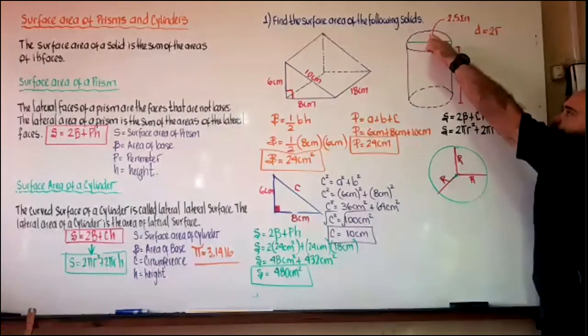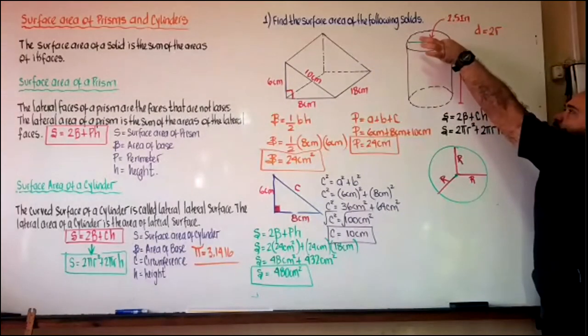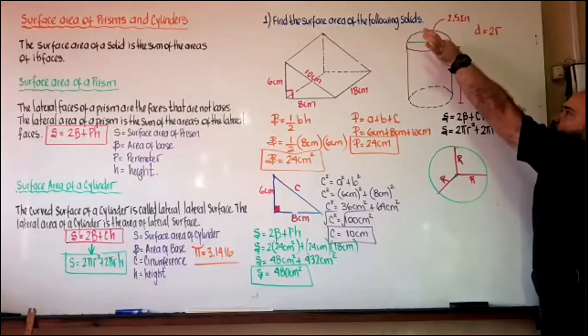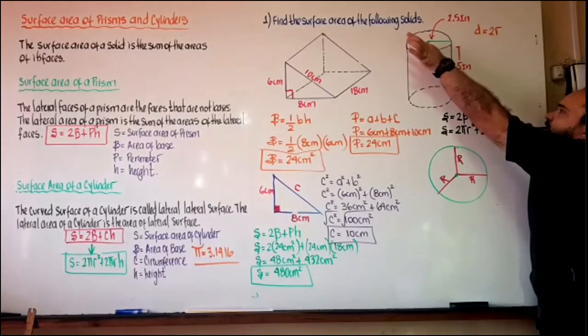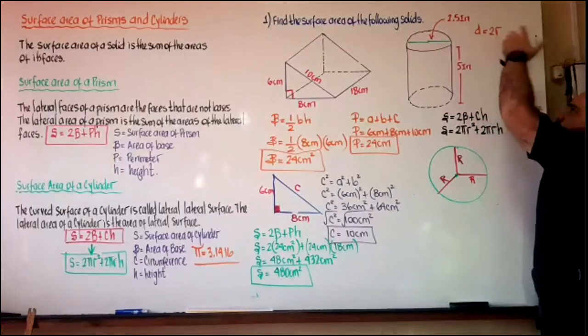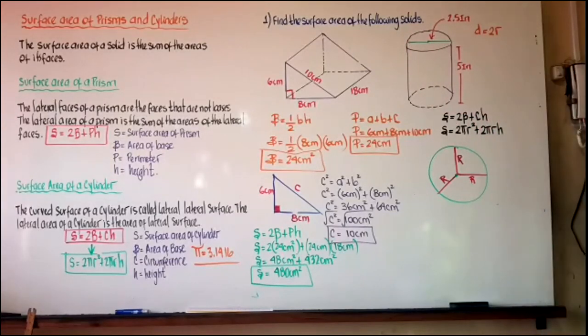Because this is the center and this is half of the line. So if you add R plus R, that will be 2R. By geometric definition, the diameter is a line that divides the circle into similar parts, or in simple words, it is double the radius.